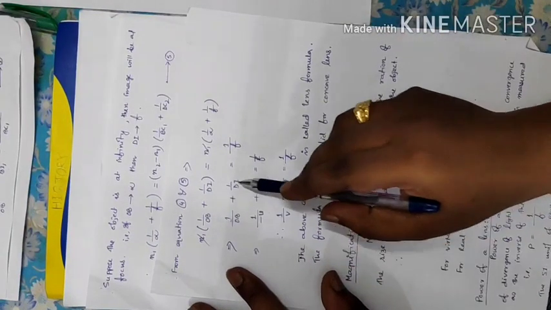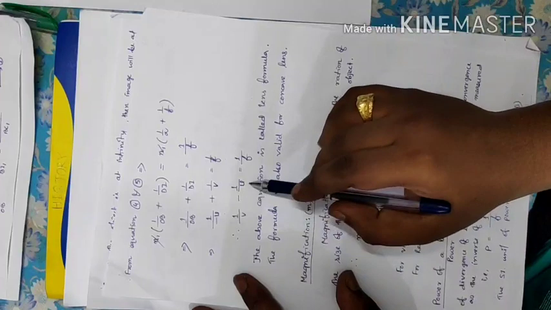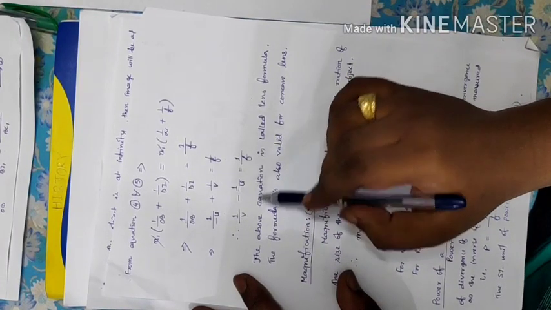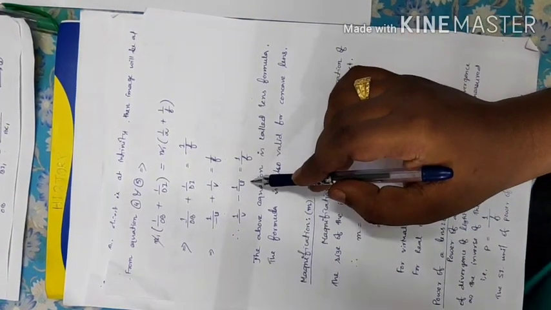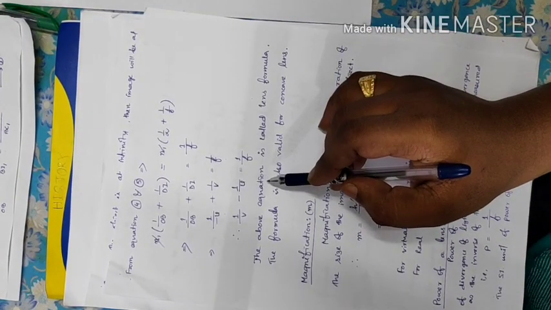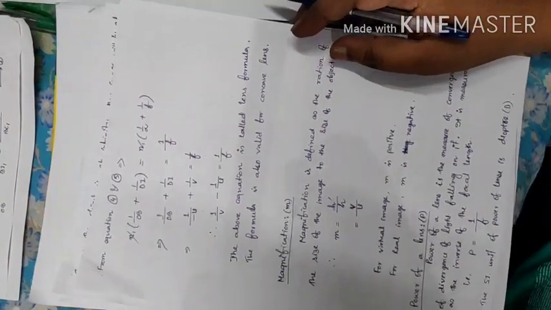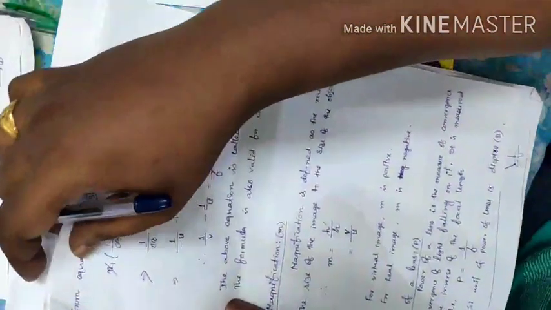So 1/v minus 1/u is equal to 1/f. This is the relationship between object distance, image distance and focal length of the lens, and this equation is called the lens formula.